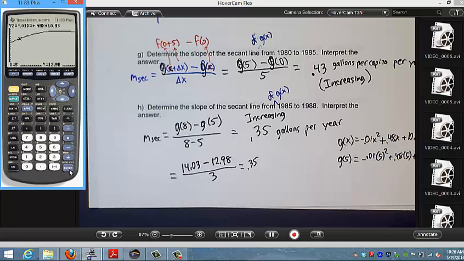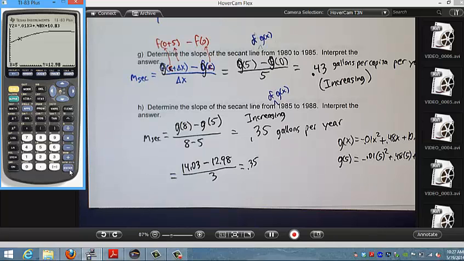In 1985, you're saying that it was increasing. I would say that too. Now, what did we compute? We computed from 1980 to 1985 what's called the average rate of change. It was increasing a lot then. From 1985 to 1988, was it increasing? Yes, but not as much. Do you see that?